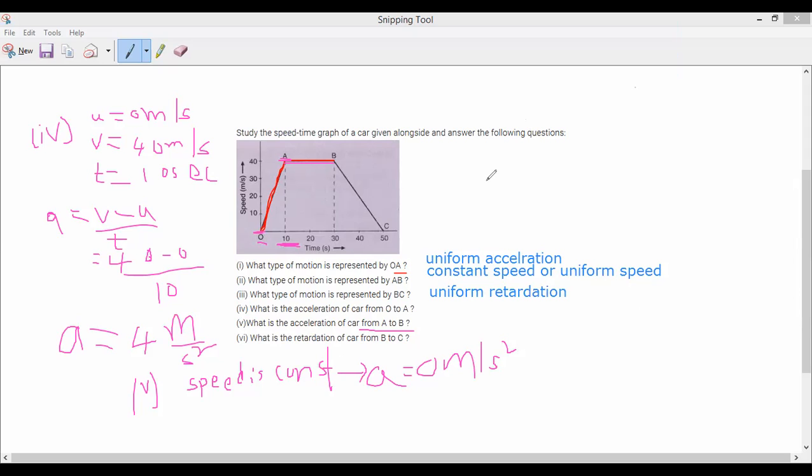Next, same way, B to C, calculate it, all of you. What is the initial velocity from B to C? Initial velocity is 40 meter per second and final velocity is 0 meter per second. And the time period, you check it: 30 and 50.